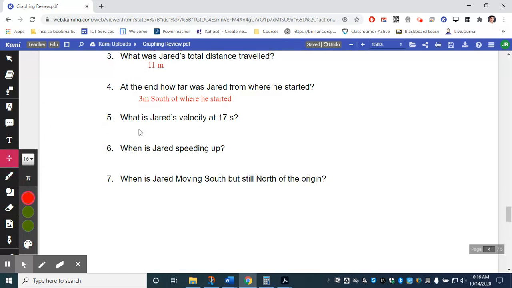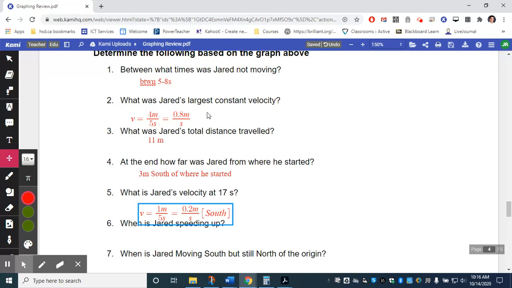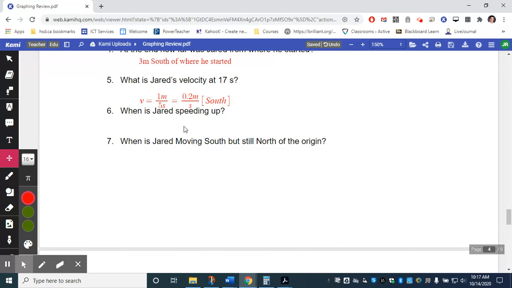And so his velocity was, he was in the middle of traveling 1 meter in 5 seconds. And so that gives us a total of 0.2 meters per second. And specifically, he was going south. Right? He was going down. Honestly, here, we should have said that he was going north, because we knew that. And if we know the direction, we should state it.